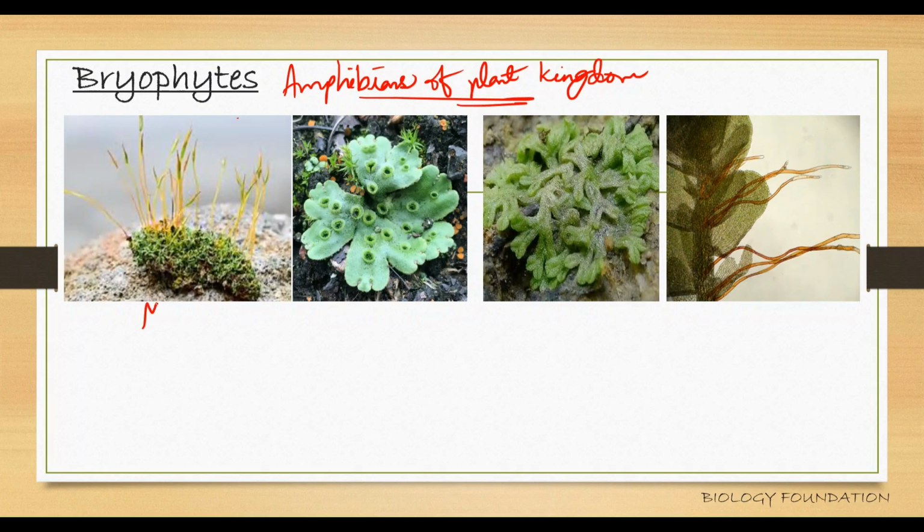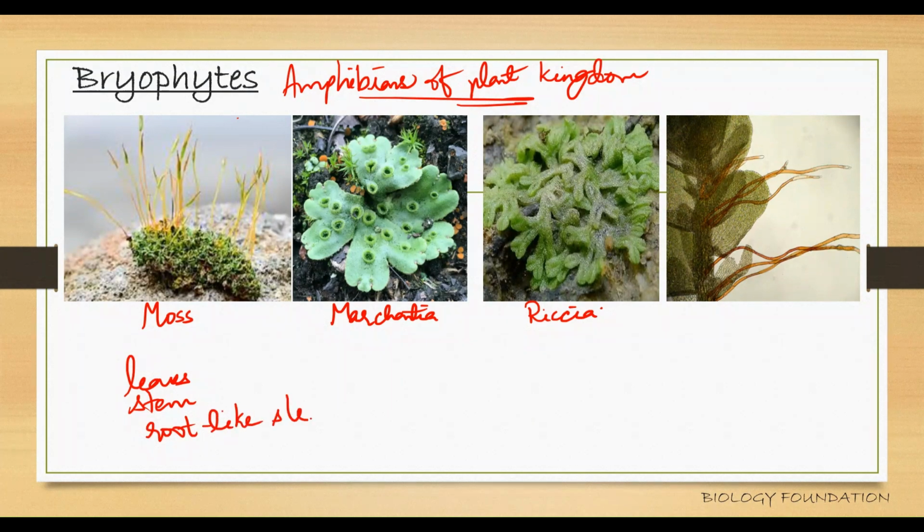Here you have a moss plant. This is Marchantia. Here you have Riccia. Okay. If you see these bryophytes, they have leaves, they have stem, they don't have roots, but they have root-like structures which are called rhizoids.